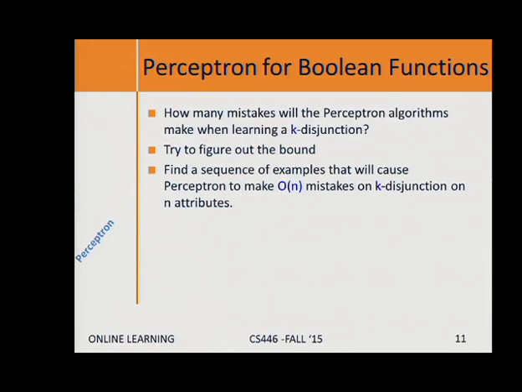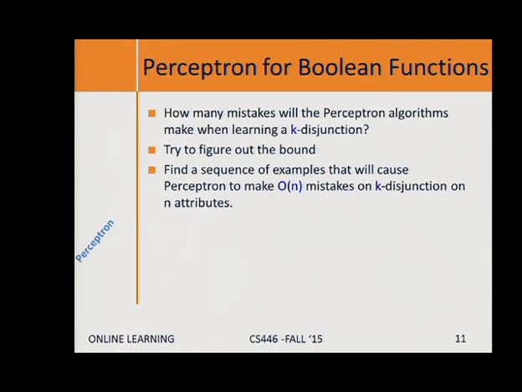For example, if you go back to this K disjunction or K conjunctions problem that we talked about last time, that is, the target function is a conjunction, is a disjunction, in fact, in this case. But only K of the variables are actually active. We don't know which K, but we know that out of the N possible variables, only K are actually important.